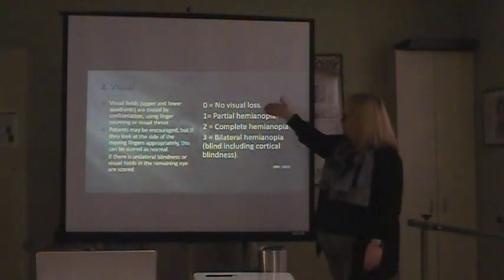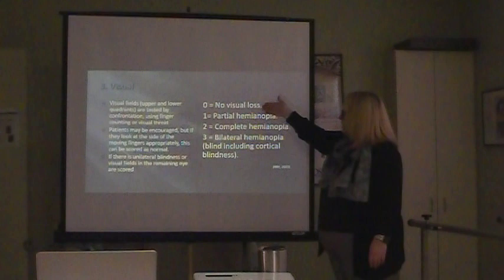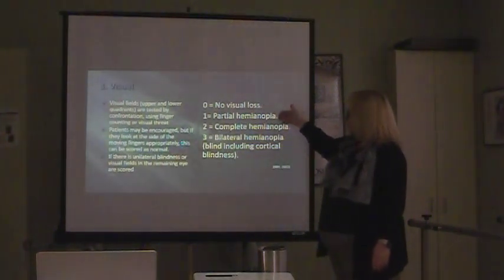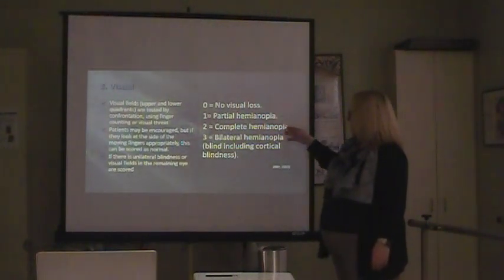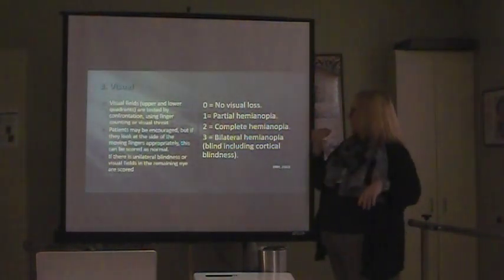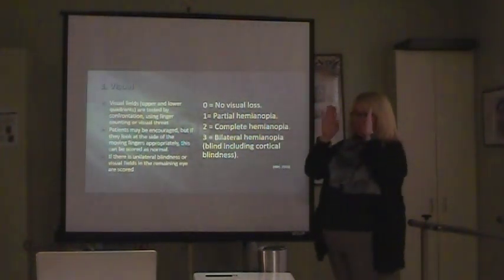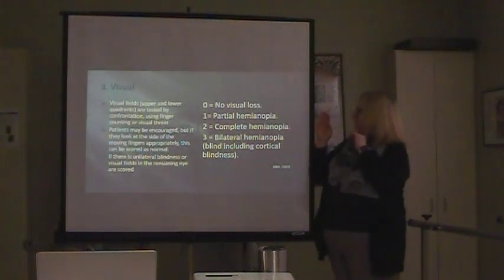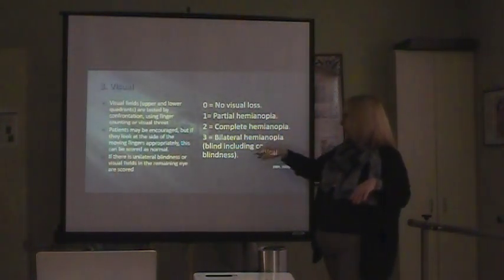So no visual loss in any of your quadrants, you would give them a 0. A partial hemianopia, and that's even just one quadrant, gets a 1. A complete hemianopia, which would be 2 quadrants, or a half, would be a 2. Bilateral hemianopia, so that's 2 halves, or complete blindness gets a 3, okay?